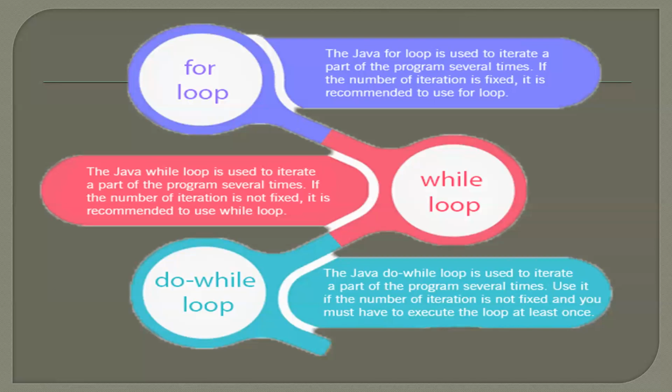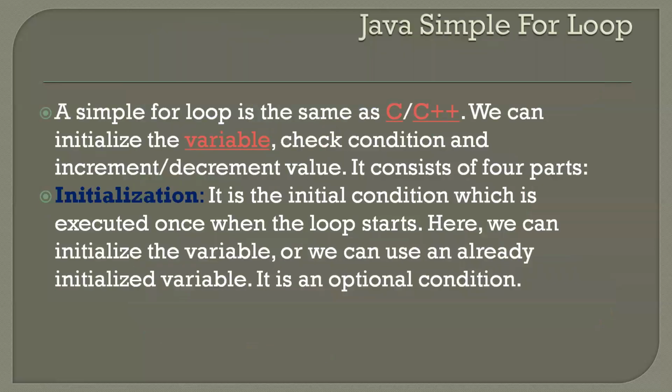Let us move to the next slide. A simple for loop is the same as in C or C++. In the C programming language we have for loops, and in C++ also we have for loops. So similar to C and C++, Java has the same syntax for the for loop.